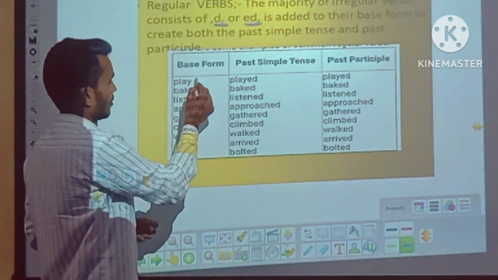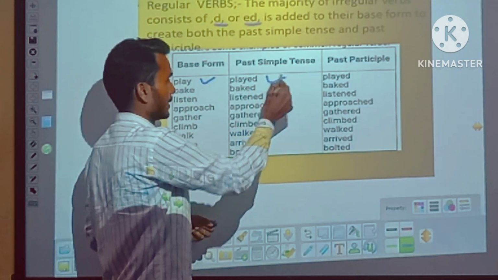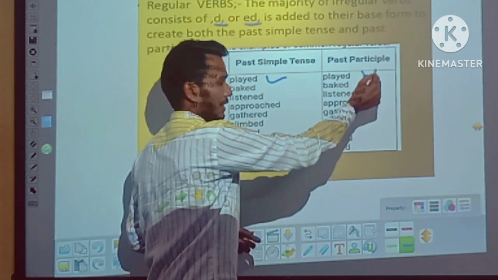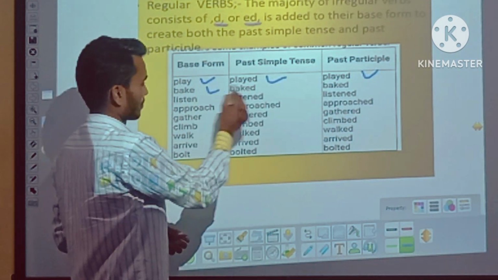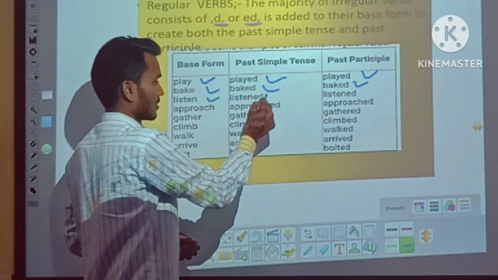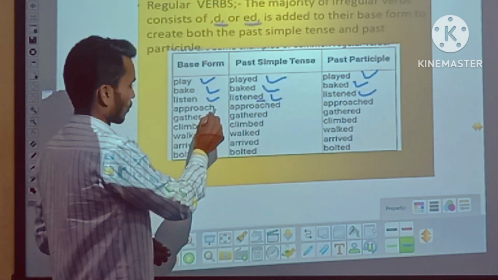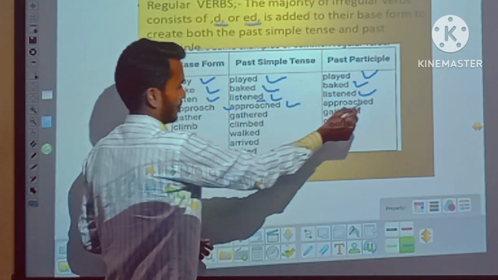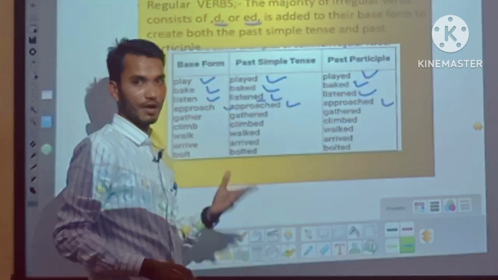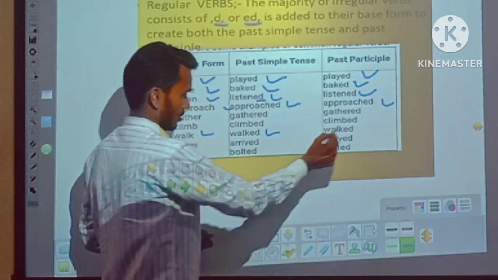For instance, play: when it goes to past tense, it becomes played. Bake, baked. Listen, listened. Approach, approached. Talk, talked. Walk, walked.